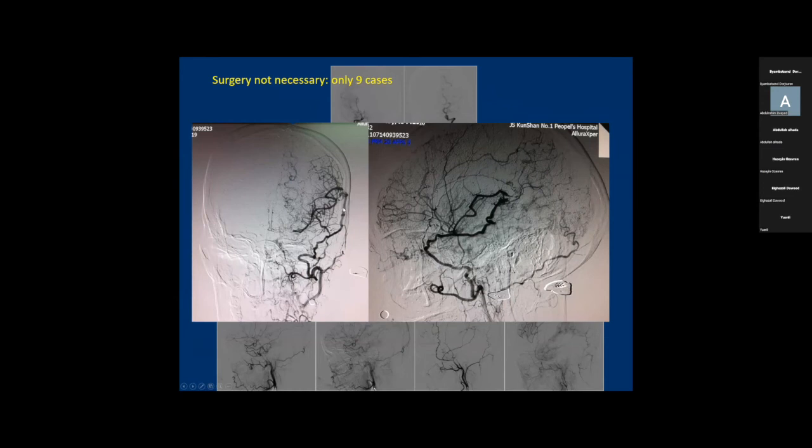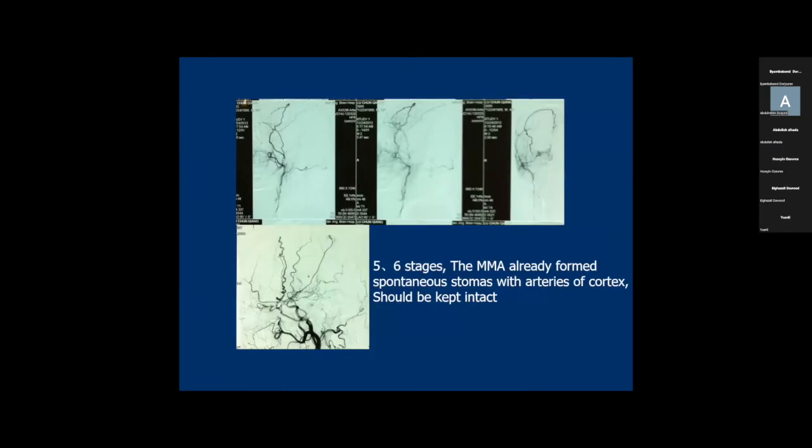But in my personal series, in fewer than 20 cases it was unnecessary to do the bypass or EDMS. So most of the late stage of Moyamoya still needs the bypass. You can see this spontaneous stoma actually fed the contralateral frontal lobe, such a long way to feed the contralateral frontal lobe.